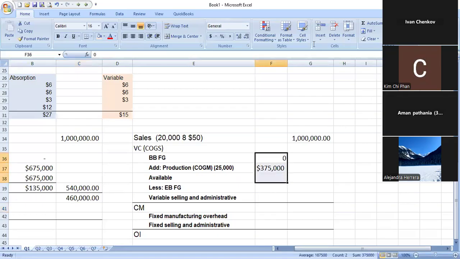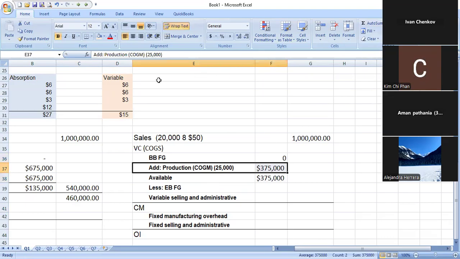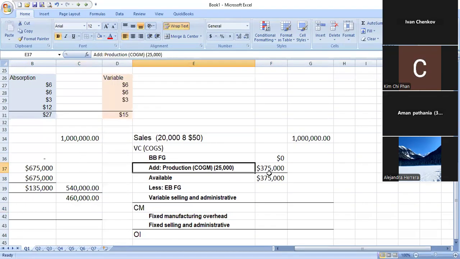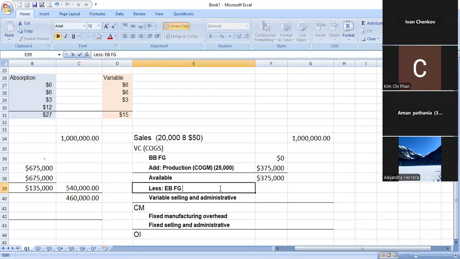Available, again, it's going to be a calculation between those two numbers. So we get this calculation. Let's format this 0 to be 0 here. Then we're going to have less finished goods, which is in this case only 5,000.